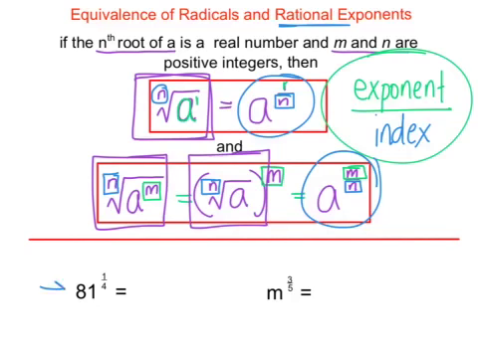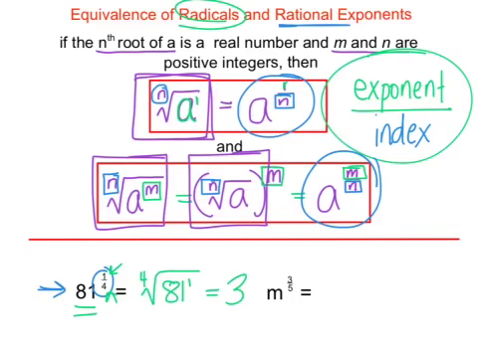Here we have a rational exponent, and we need to write it as a radical. We put in our radical symbol. 81 goes inside. Our power is 1. Our index is 4. So really, it's the fourth root of 81. The fourth root of 81 is 3.